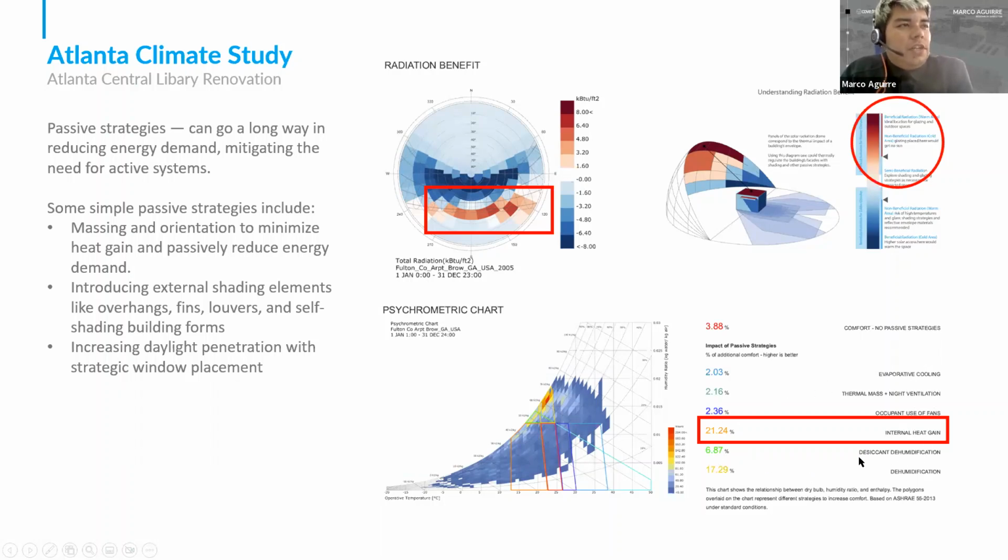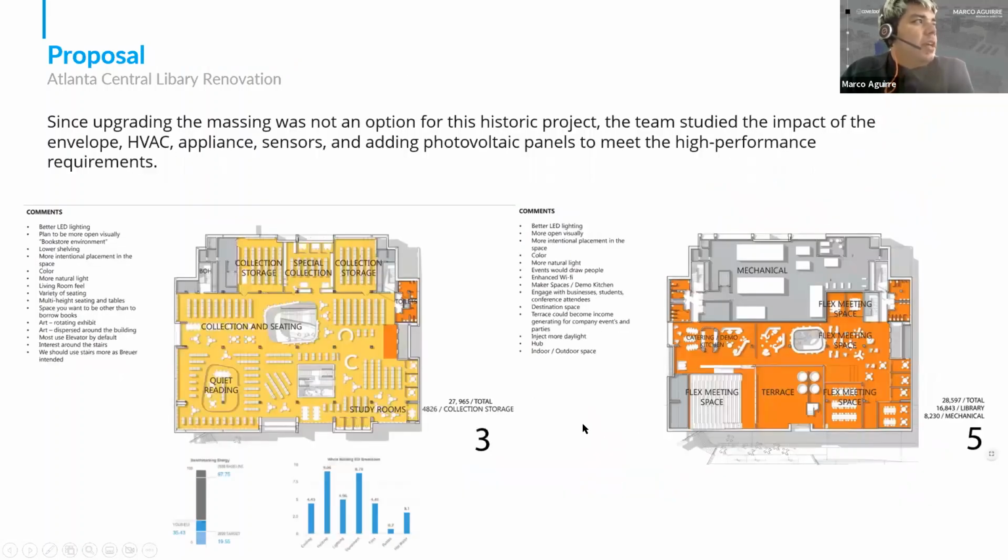The most beneficial strategy for a project in Atlanta was taking advantage of solar heat gain, not internal heat gain. So just taking advantage of more sun in the space.